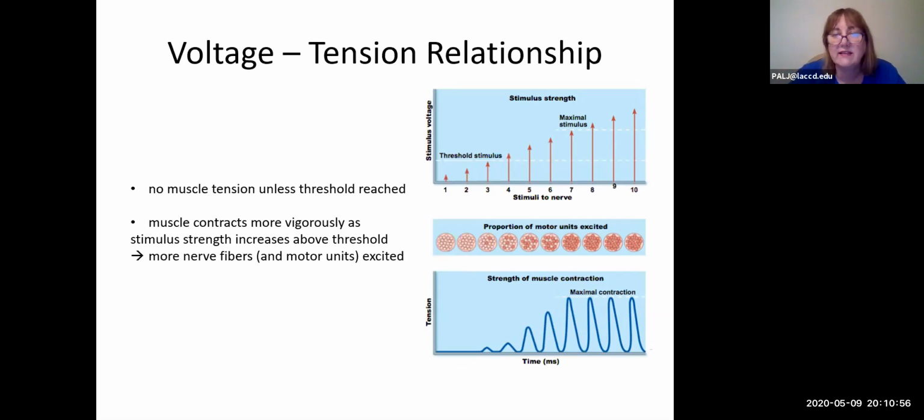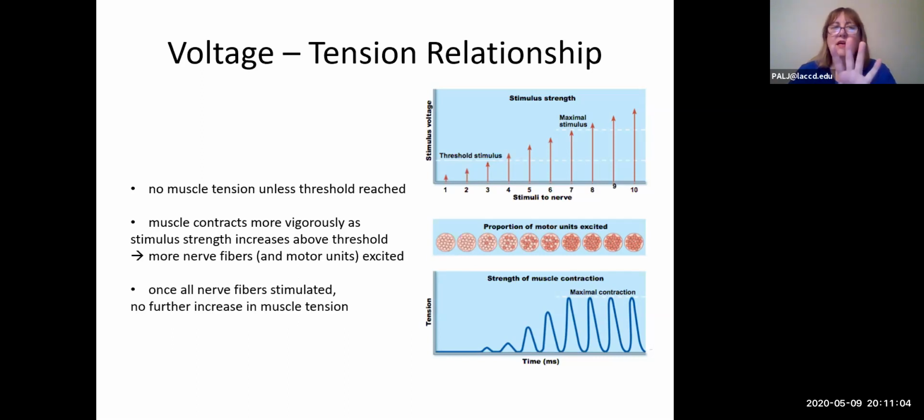Increasing the voltage past that does not give us a bigger contractile tension or force generated. So that's the first thing to recognize, the relationship between the voltage of the stimulus and the tension of the muscle.